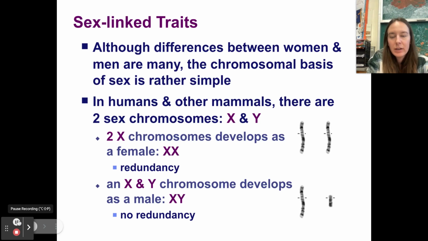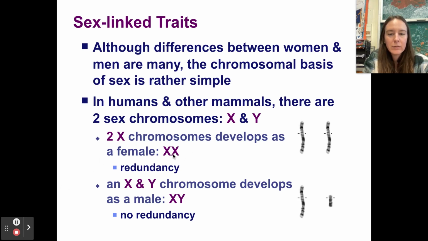So these traits that are found on sex chromosomes, the X or the Y chromosomes, are called sex-linked traits. In humans, similar to the fruit flies, we have two sex chromosomes. Two X chromosomes develops a female, assigned female at birth, XX, and there's redundancy. So these two chromosomes have the same genes on them, and you have two copies of each gene on your X chromosomes.